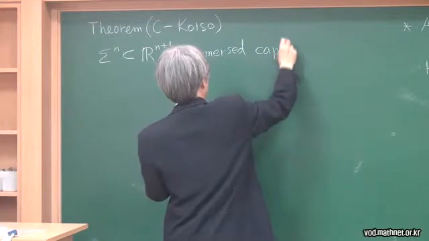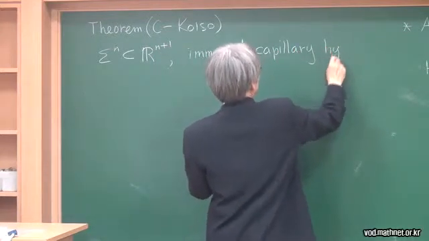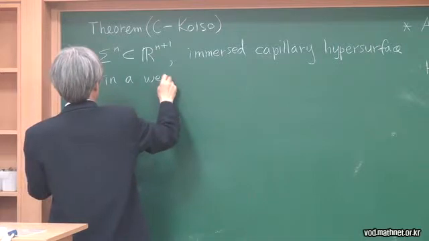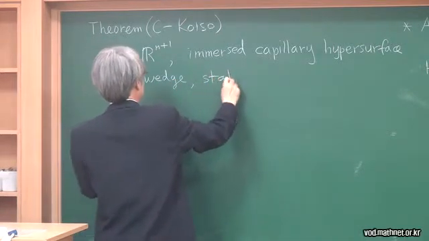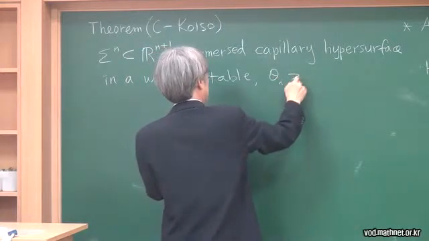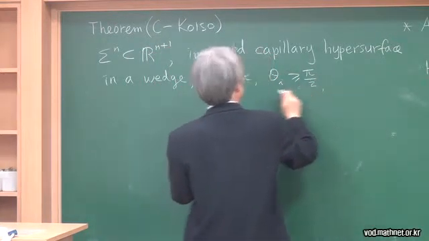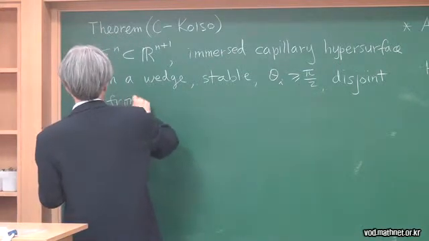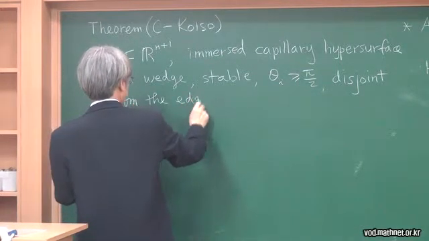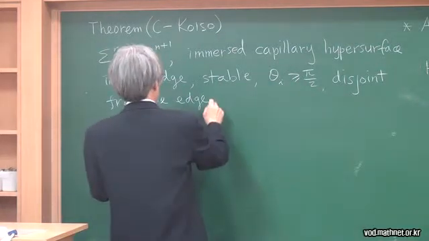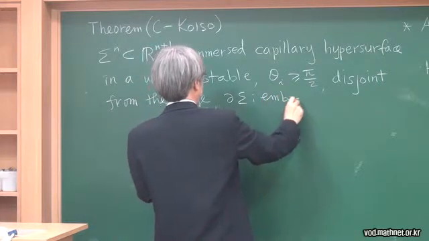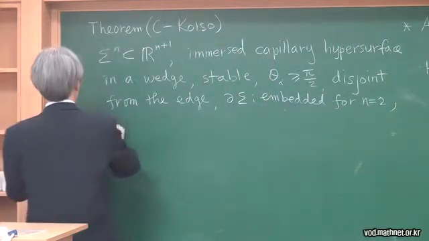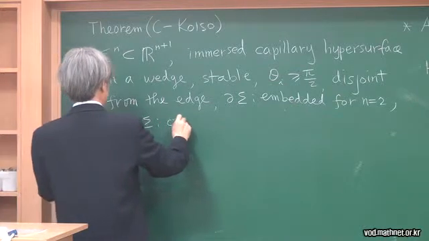Immersed capillary hypersurface in a wedge, and stable, and the contact angle is bigger than pi over 2, and disjoint from the edge of the wedge, and the boundary of sigma is embedded for n equal to 2, or the boundary of sigma is convex.